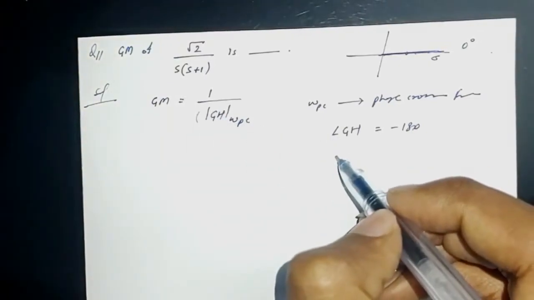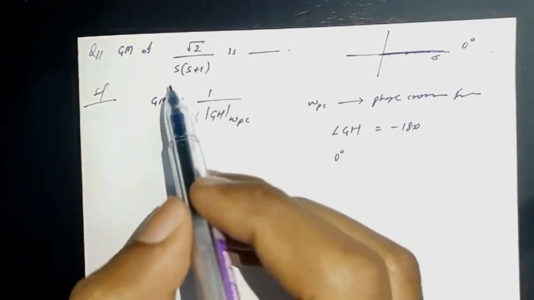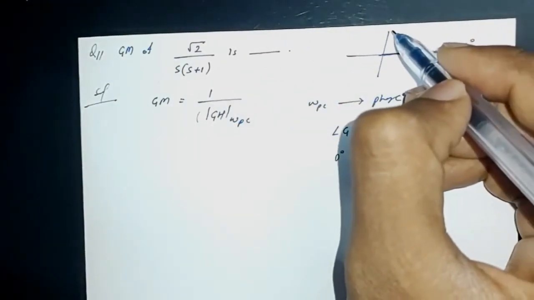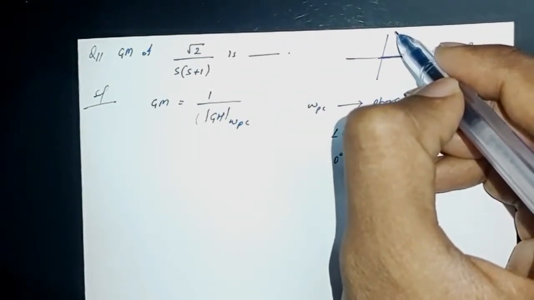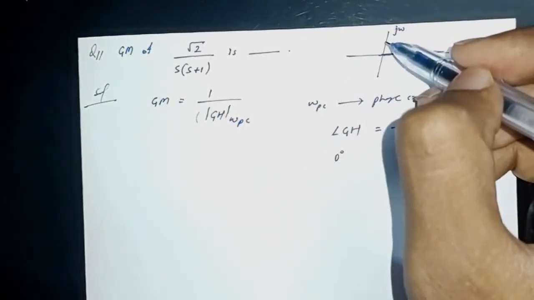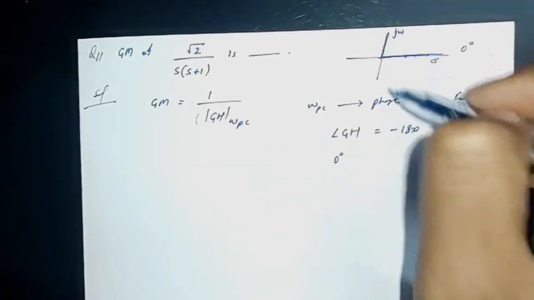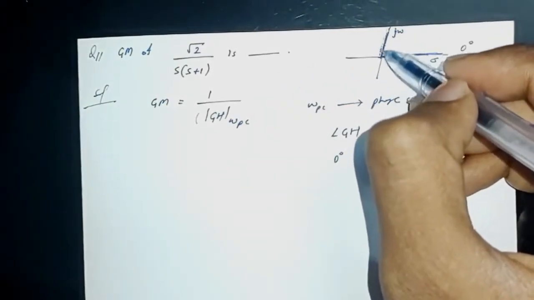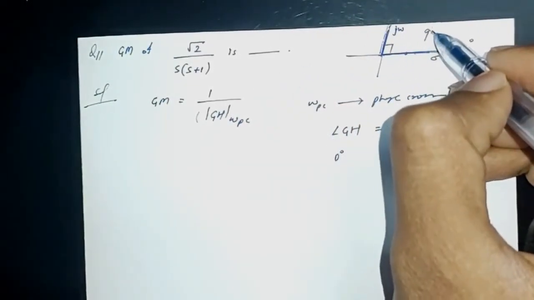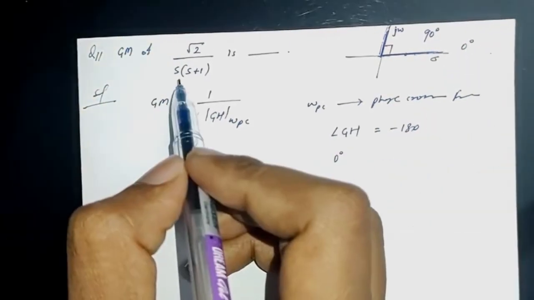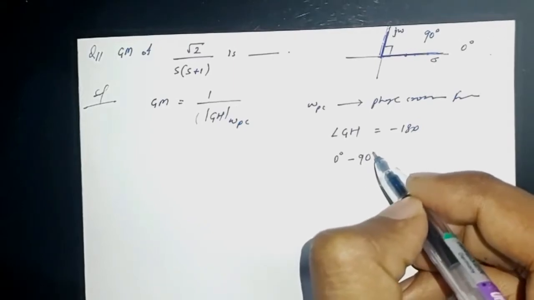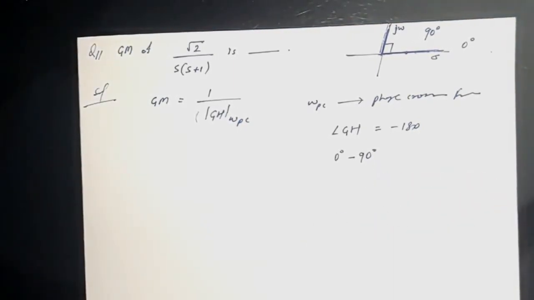So for numerator we have 0 degree, and for denominator this is s. S means j omega, which is lying on the j omega axis or the imaginary axis. So s is lying somewhere on this axis, which is at 90 degree. As this is in denominator, we will write minus 90 degree instead of 90 degree.